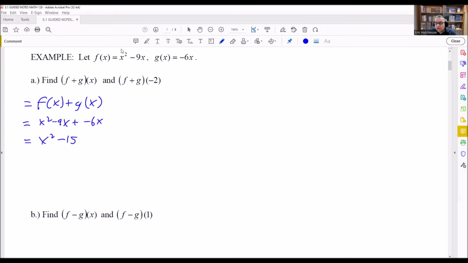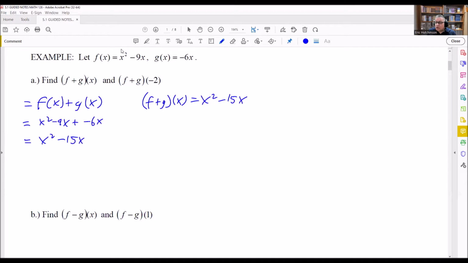That's going to be minus 15x. And so this is basically how we're going to write our answer. We're going to say that f plus g of x is equal to x squared minus 15x. So that is the first thing that they asked us to find. So we found it. This would be the first answer.